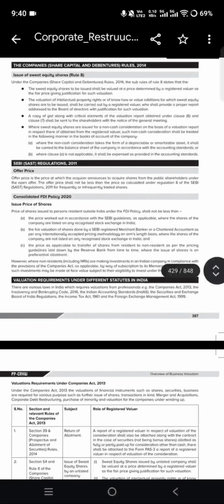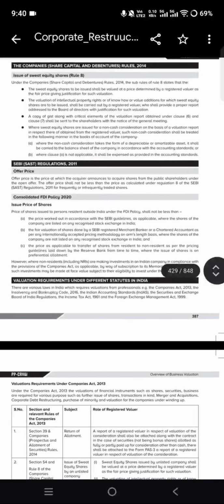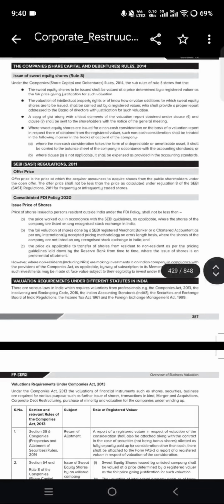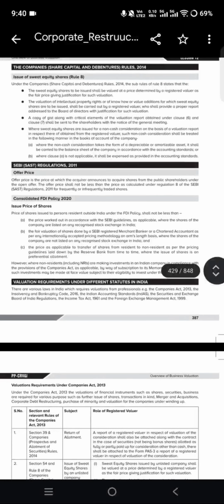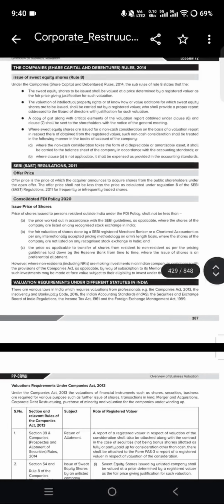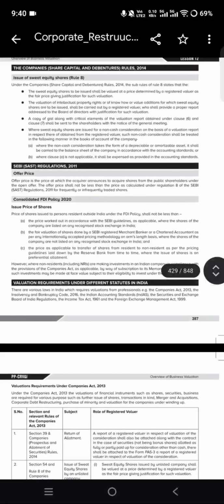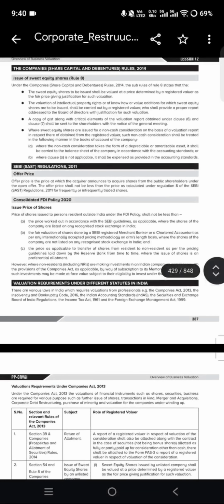Pricing of frequently traded shares. If the equity shares of the issuer have been listed on recognized stock exchange for a period of 90 trading days or more as on the relevant date, the price of the equity shares allotted pursuant to shall not be less than the higher of the following, that is A and B, whichever is higher.